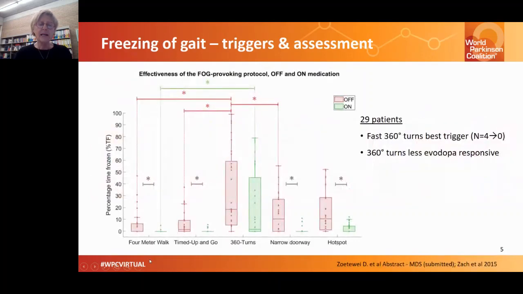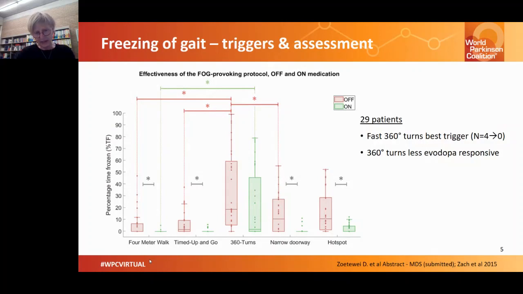Now, when we look at the results so far of the 29 patients that had gone through this protocol, both in on and off red and in on green, we see in the middle of this graph that the highest prevalence and percentage time frozen was found in the fast 360-degree turn task.